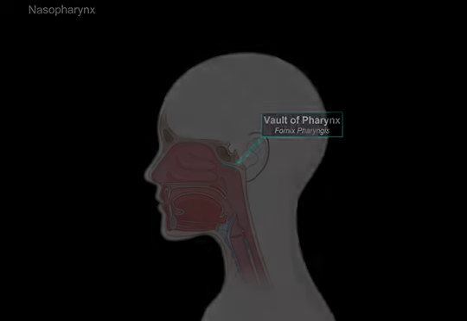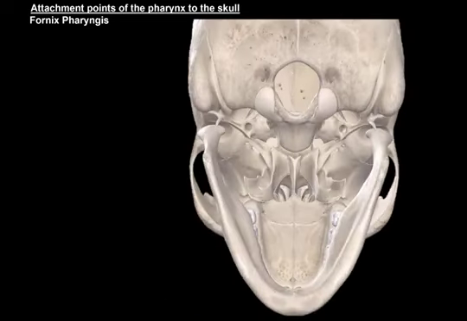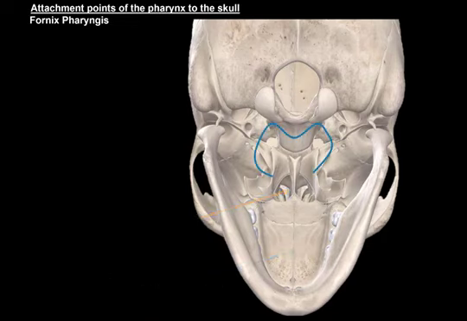And to understand these attachment points, let's look at this model right here from this perspective and zoom in a little bit. Now we're able to see the actual attachment points of the fornix pharyngeus. Just for orientation's sake, here is the nasal cavity and here's the oral cavity. And this blue line is the attachment points of the pharynx. But there are some important landmarks that should be noted when talking about the vault of pharynx, and they're highlighted here.